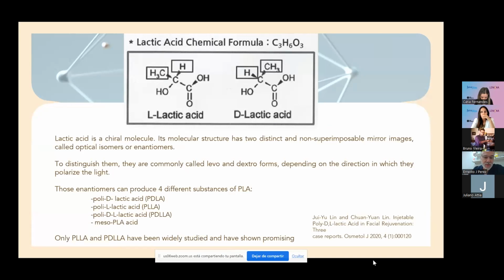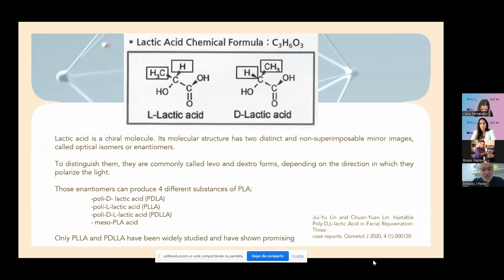Those enantiomers can produce 4 different forms of polylactic acid: the dextro-polylactic, the levo-polylactic, a mixture of dextro and levo, which is what Lenisna and Juveluc are, and the meso-PLA. Only PLLA and PDLLA have been widely studied and have shown promising results.